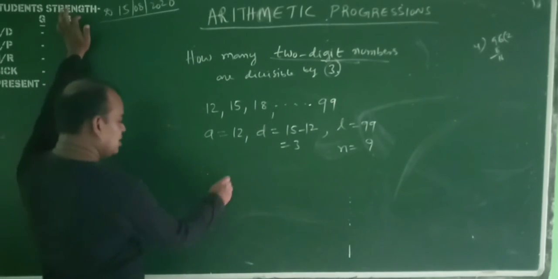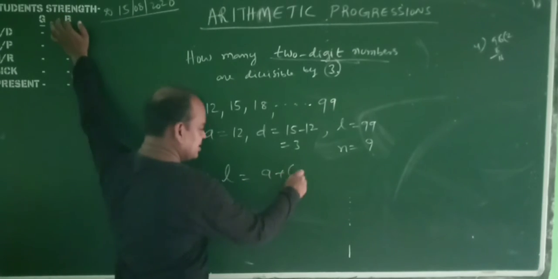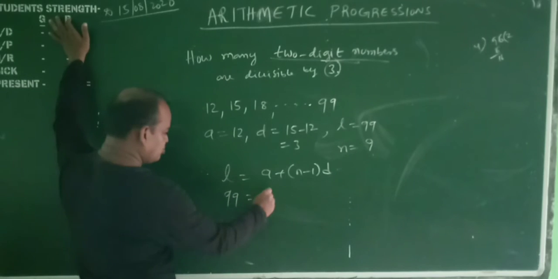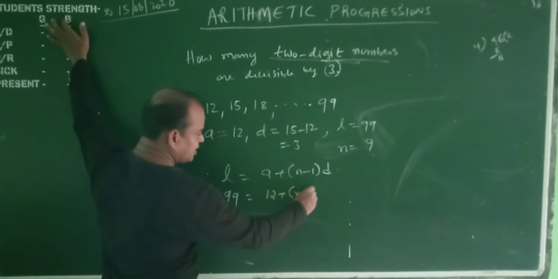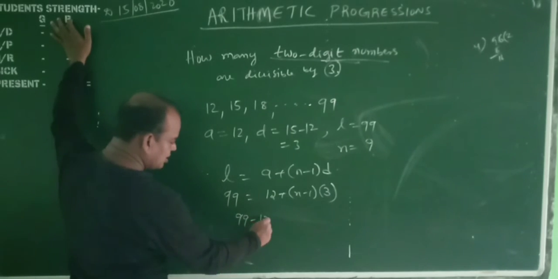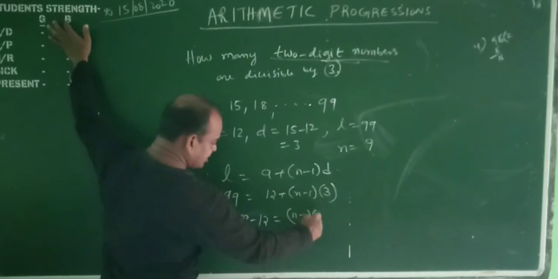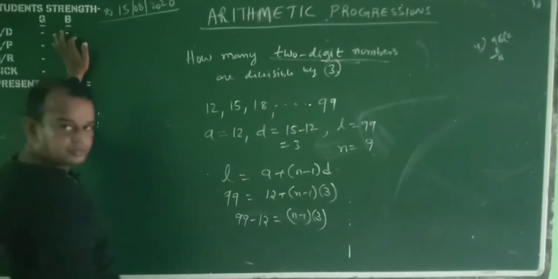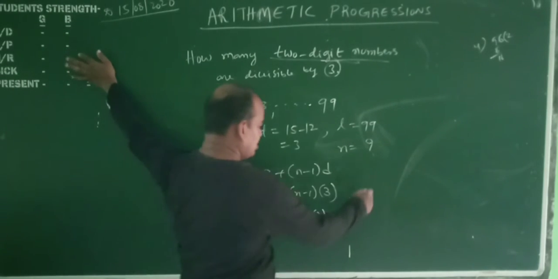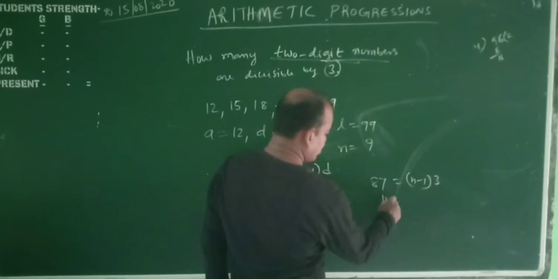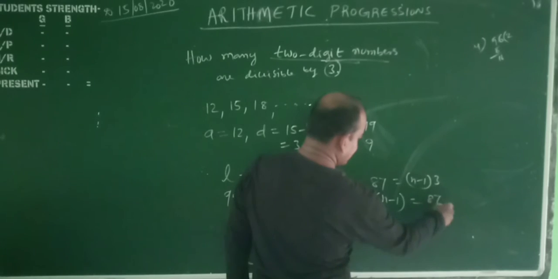L is equal to A plus (N minus 1) into D. L means 99 is equal to 12 plus (N minus 1) into D. D means 3. 99 minus 12 is equal to (N minus 1) into 3. 99 minus 12 is 87. 87 is equal to (N minus 1) into 3. Now N minus 1 is equal to 87 by 3.